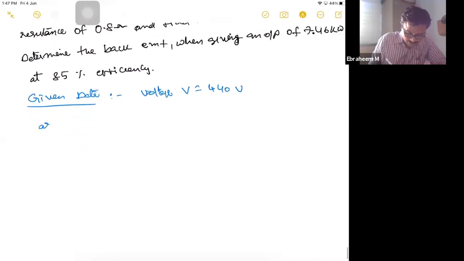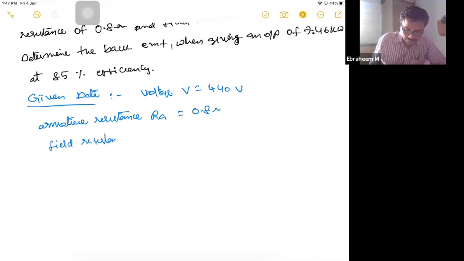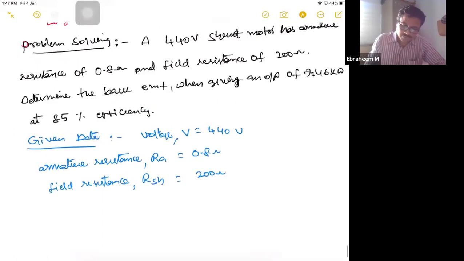Armature resistance, 0.8 ohm. Field resistance, 200 ohms.